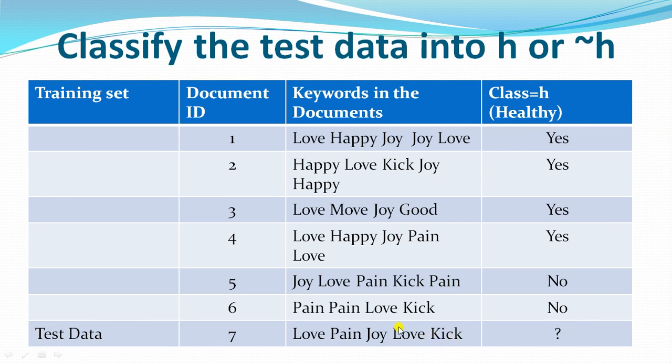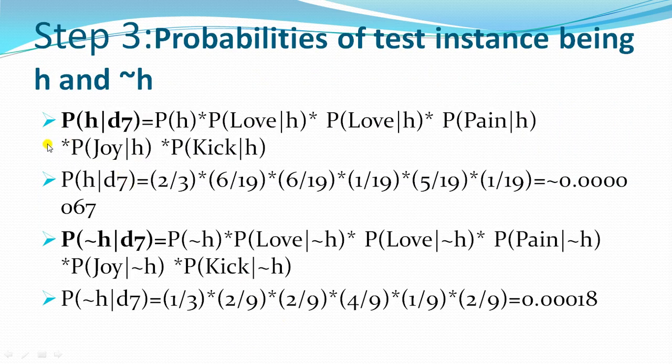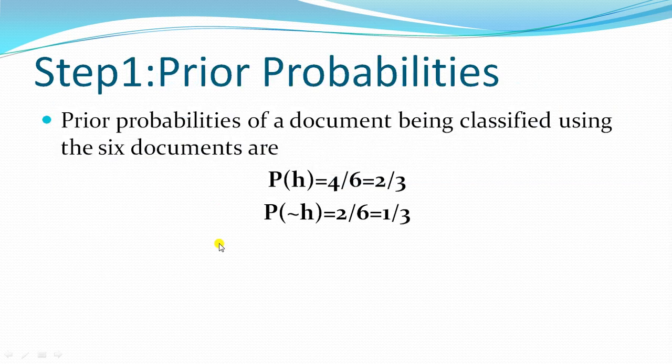Our actual main motto is to tell what may be the possible class of this particular test data, that is document 7. This is actually our problem statement. Now in this particular statement we should calculate the probability of class H given D7. D7 is our test data. Go back to this problem statement.